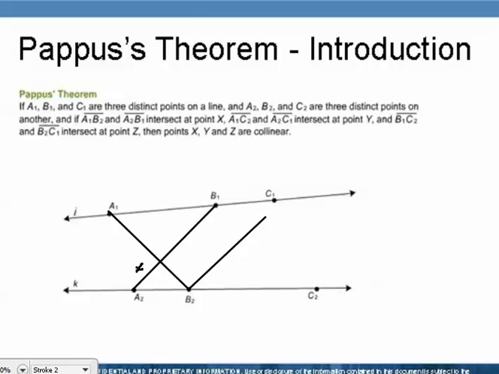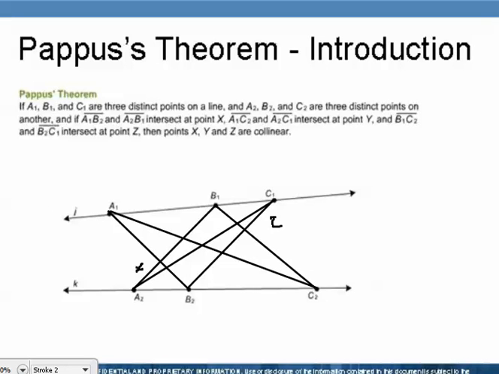And if I continued on and I connected B2 to C1, yeah, went off my iPad. Try again. If I go from B2 to C1 and from B1 to C2, that could be point Z. And then one more set of lines that I could draw here. I could go from A1 to C2 and from A2 to C1.